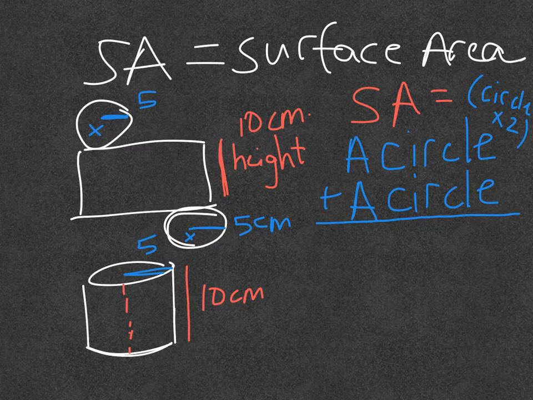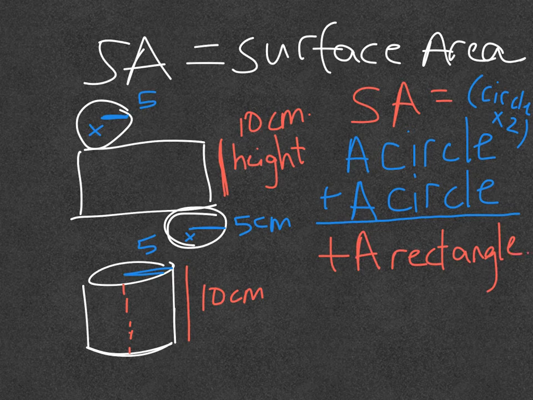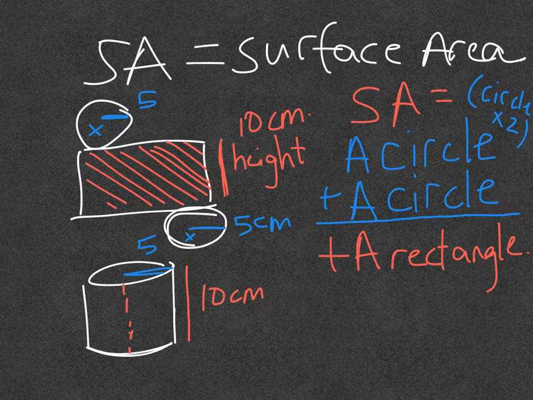We have to add those two together, but then we also need to add it to the area of the rectangle. And here is the problem. If we just isolate the area of the rectangle, this here, I'm doing it in red on purpose, you know the height, but do you know the width of that rectangle?